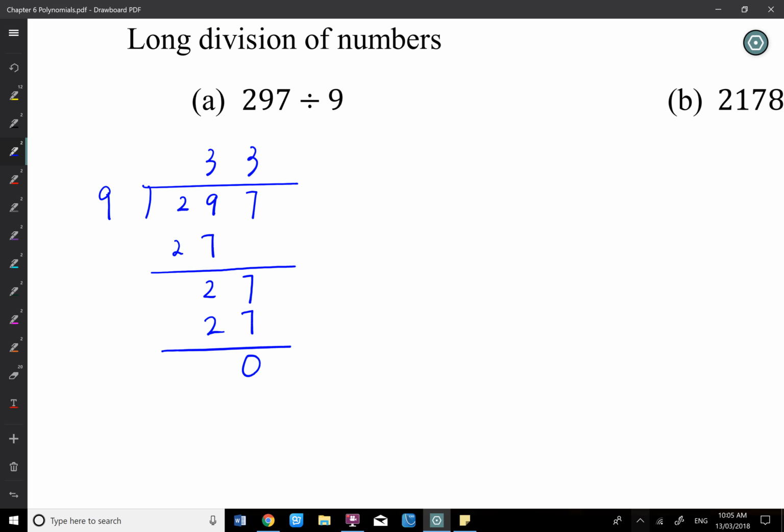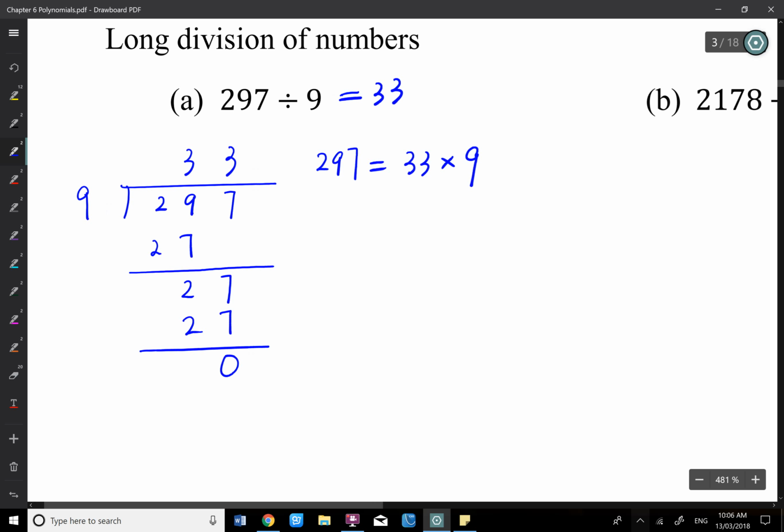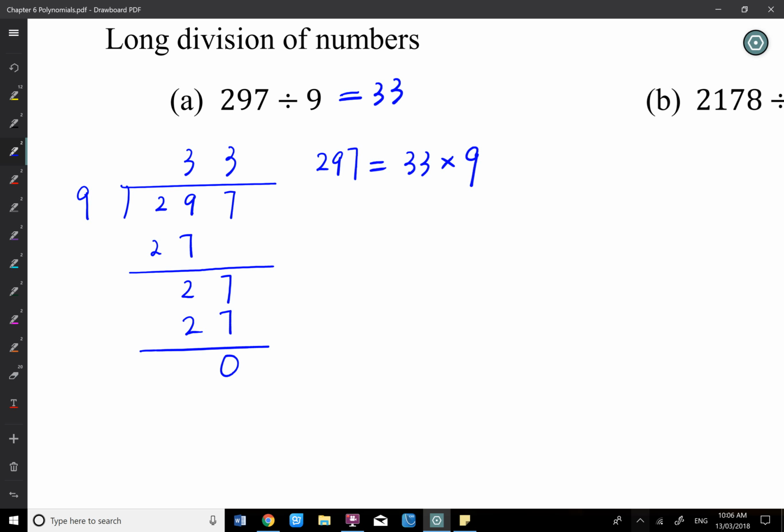So I can write my result in two ways. The first way, this equals 33. Or I can write 297 equals 33 times 9. There's no remainder, that's fine. We'll talk about the remainder one later. So those are the two ways I can write this.